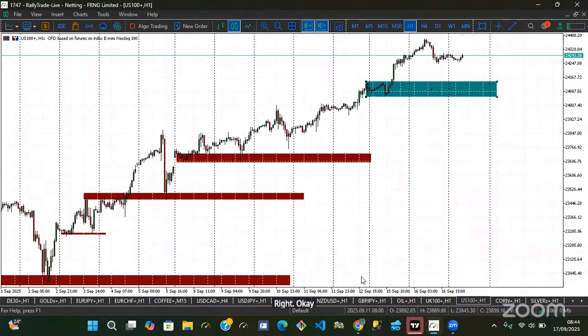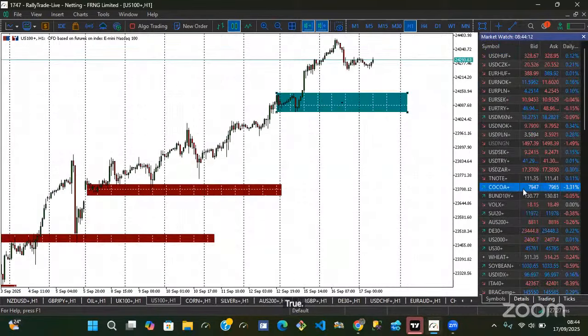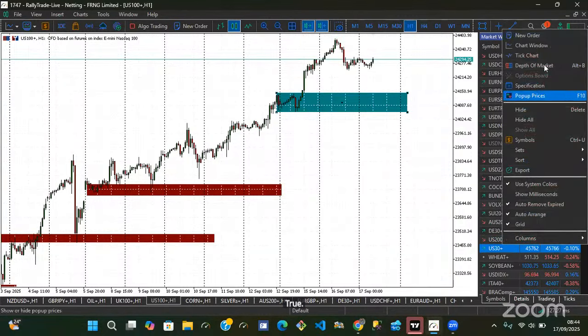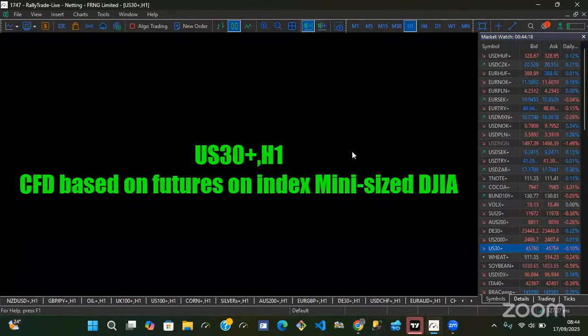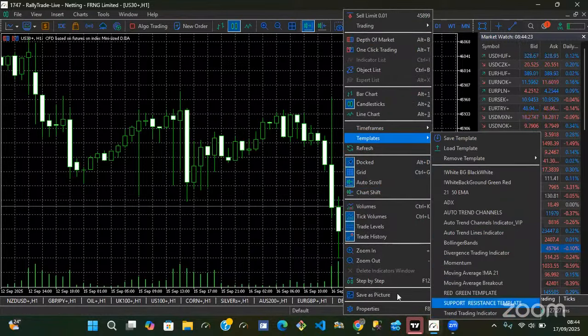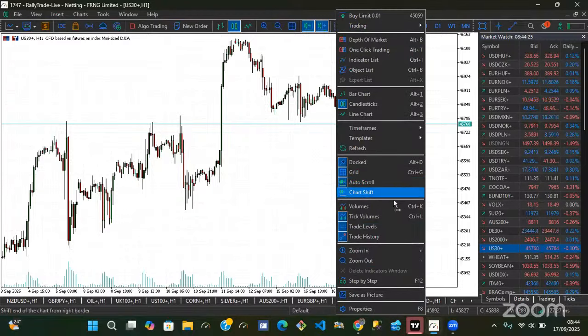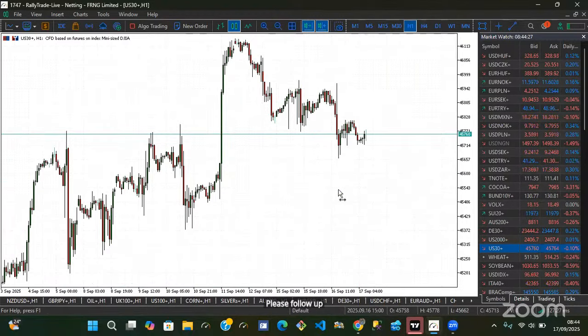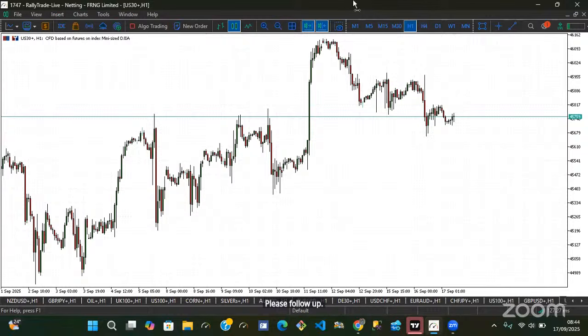Okay, so US 30. I don't think I have it here. I'll need to bring it up. All right, so on my US 30, it's still an uptrend.